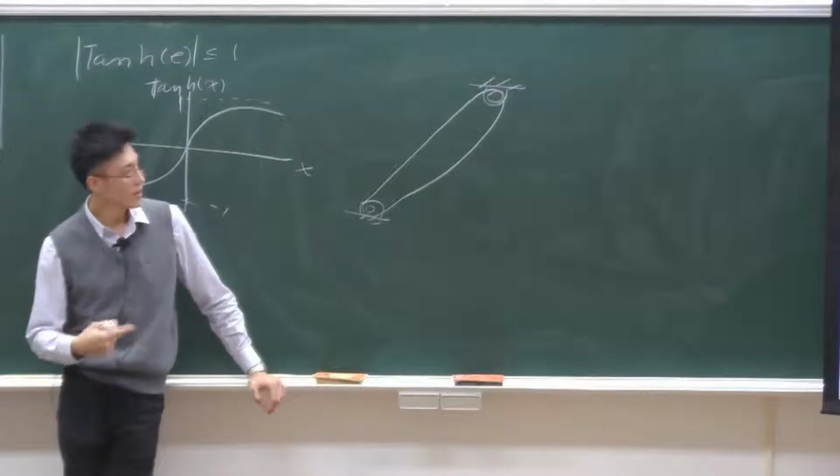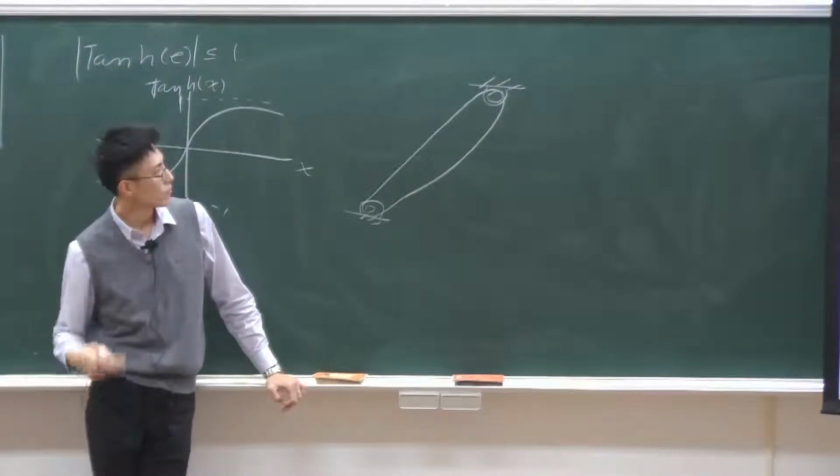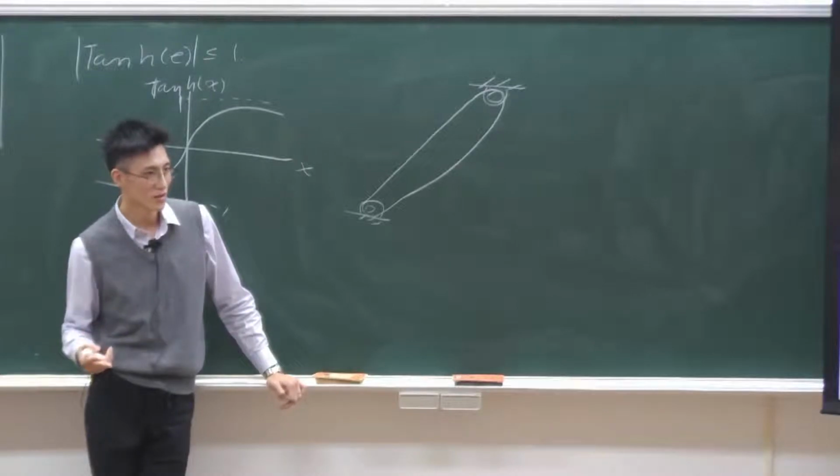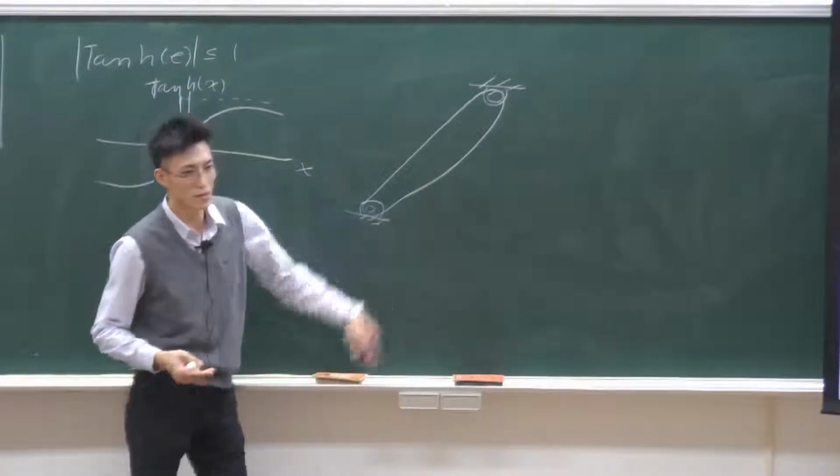If you have a link that has been connected by two frictionless joints, the force applied on the link is called a two-force member, right?